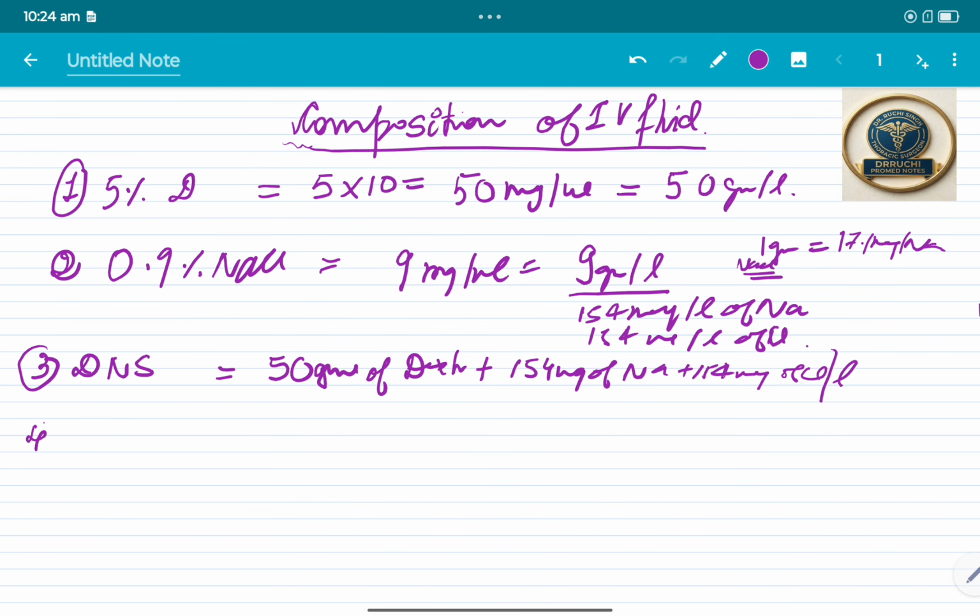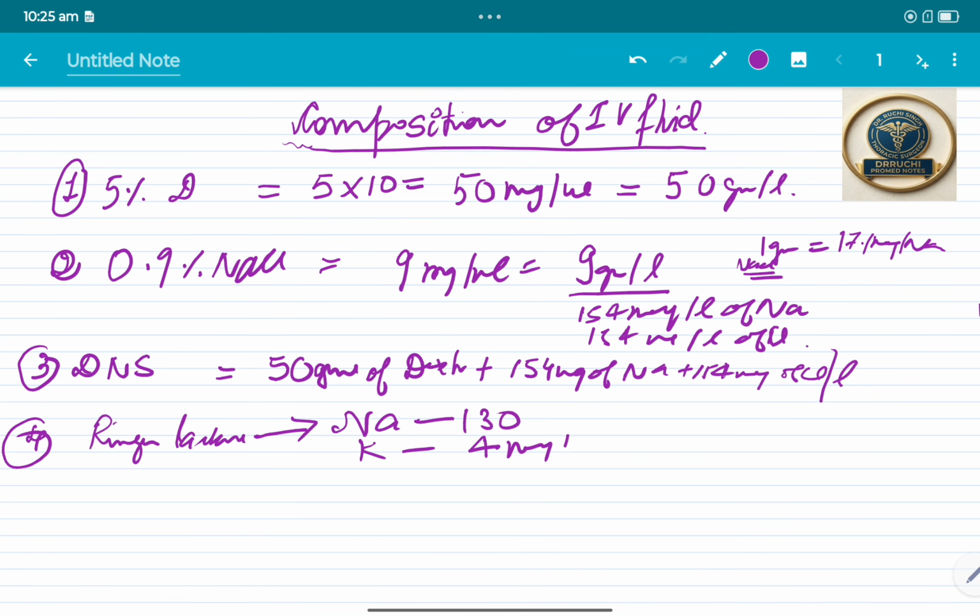Now the fourth fluid is Ringer lactate. Ringer lactate is a very physiological fluid. Sodium concentration is 130, potassium concentration is 4 milliequivalent per liter, chloride is 109, lactate 28.